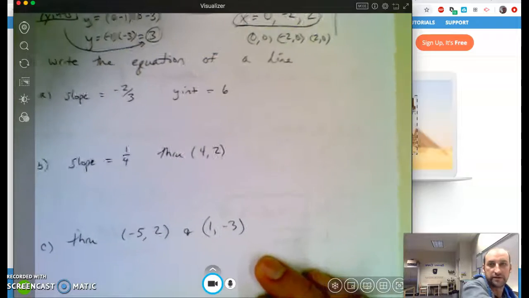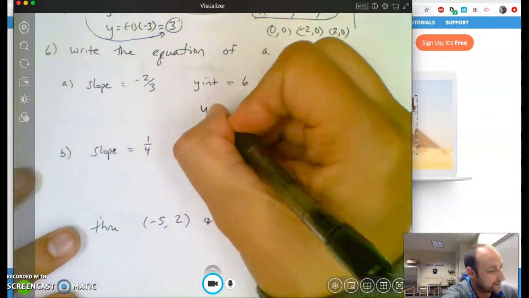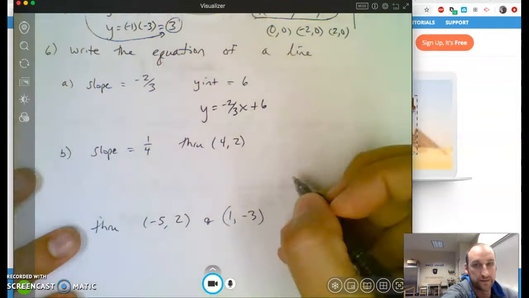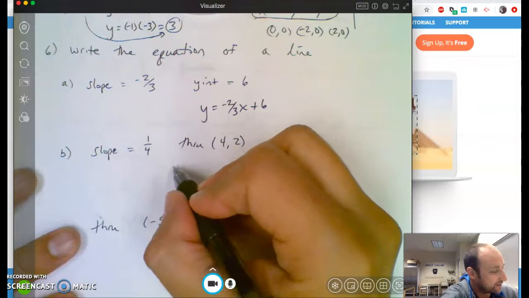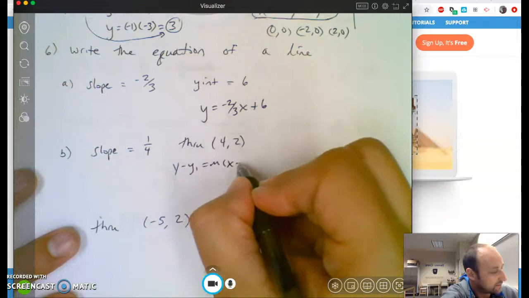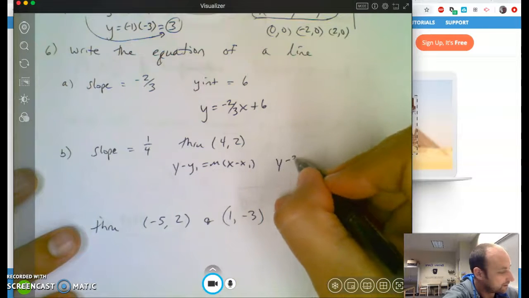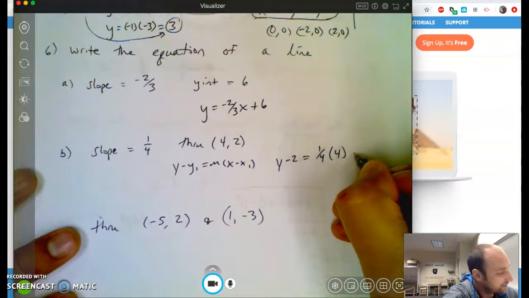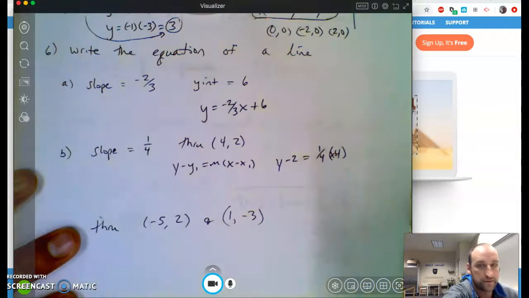Down here, find the equation of a line with a slope and an intercept. Holy cow, that one's easy, right? y equals -2/3 x plus 6, y equals mx plus b. This one I'm going to use my point slope formula. And if you've forgotten, there it is. I'm going to do y minus 2 equals 1/4 times 4, times x minus 4.